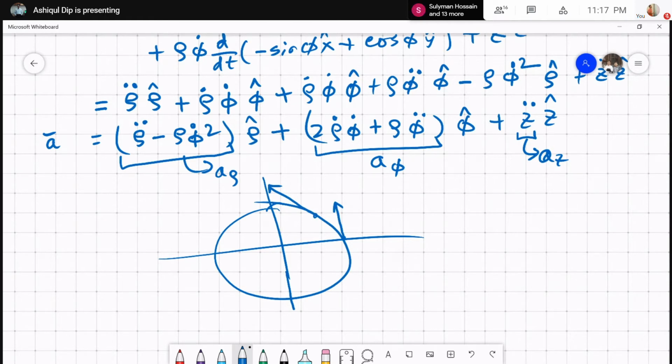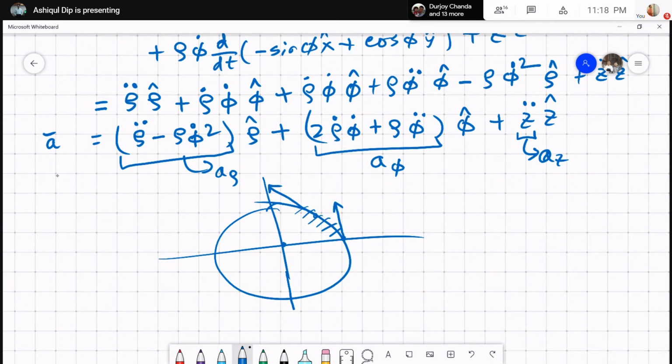Why? Because in one of them the origin is here, and in this coordinate our origin is here. In that thing, we have been measuring our initial point from here and measuring along this. Here we are not doing that. So these are basically the effect of changing of your basis vectors.